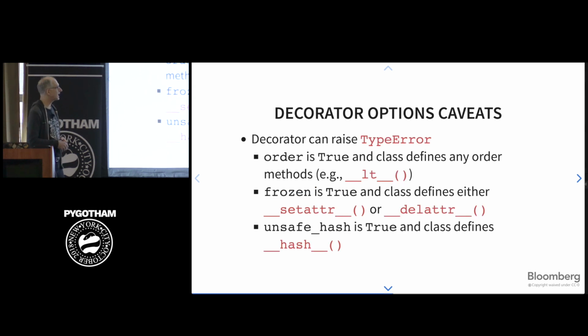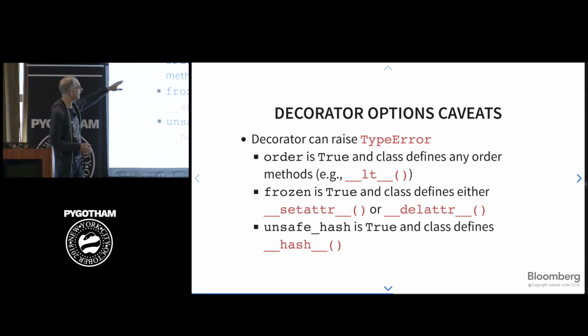The other three, because the default value is false, I only get them if I opt in, but the decorator is going to try to protect you from doing something that is ambiguous or potentially dangerous.